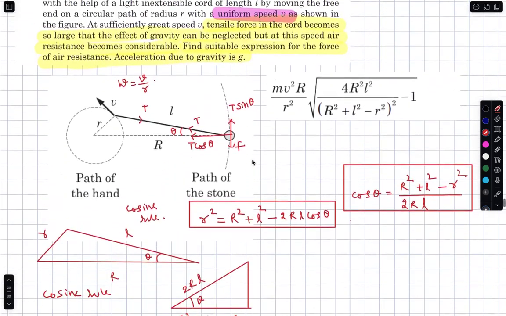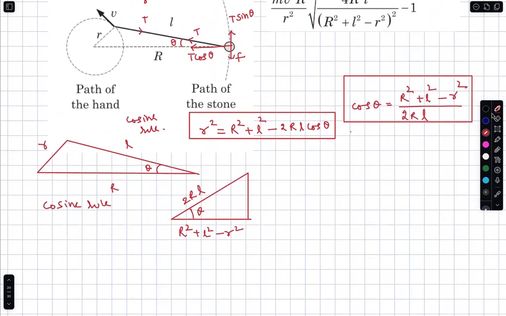Now see, what is my point here. T cos theta supplies the necessary centripetal force, m r omega square. I have T cos theta. What do you want? You want T sin theta. So therefore, T is equal to m r omega square by cos theta.